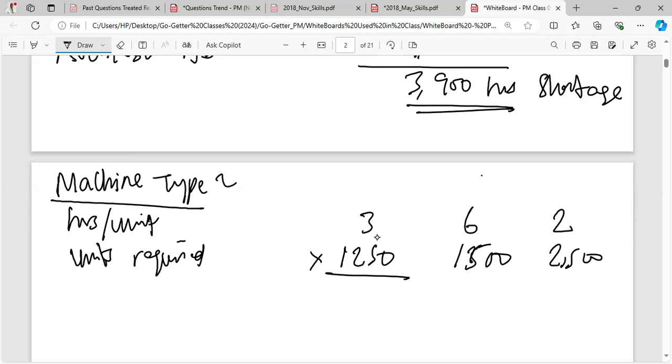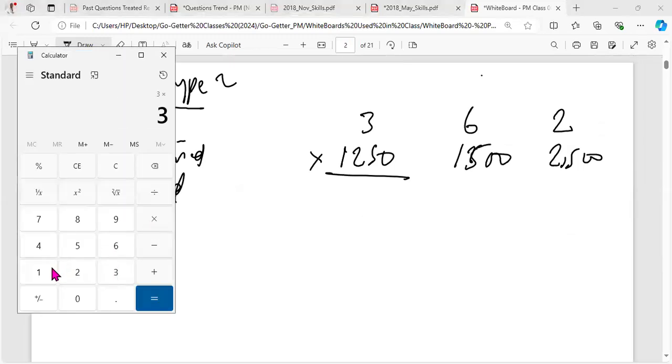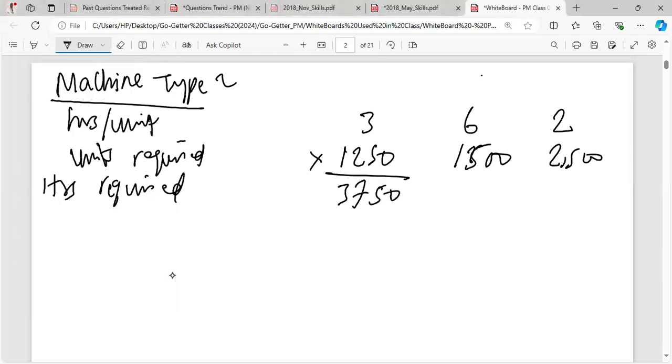Multiply them to get hours required. So 3 times 1,250 gives me 3,750.